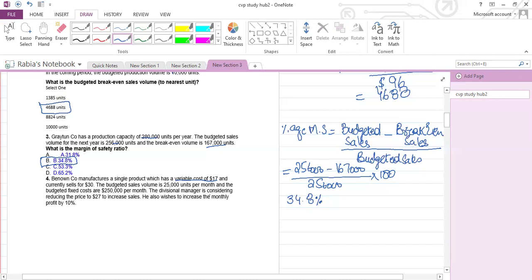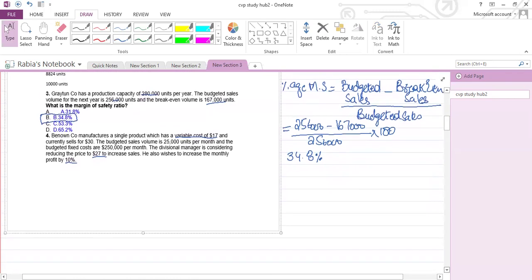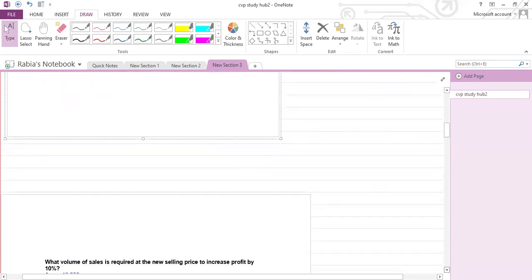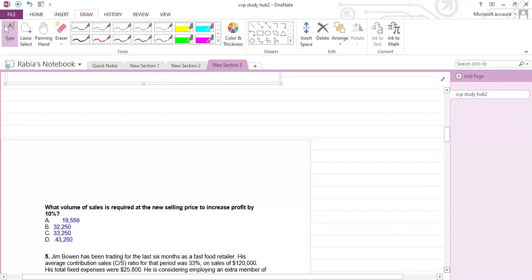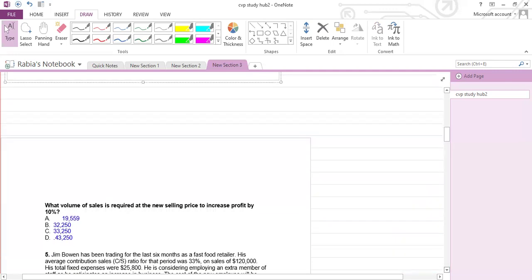The divisional manager is considering reducing the price to 27 to increase the sales. He also wishes to increase the monthly profit by 10%. What volume of sales is required at the new selling price to increase the profit by 10%?